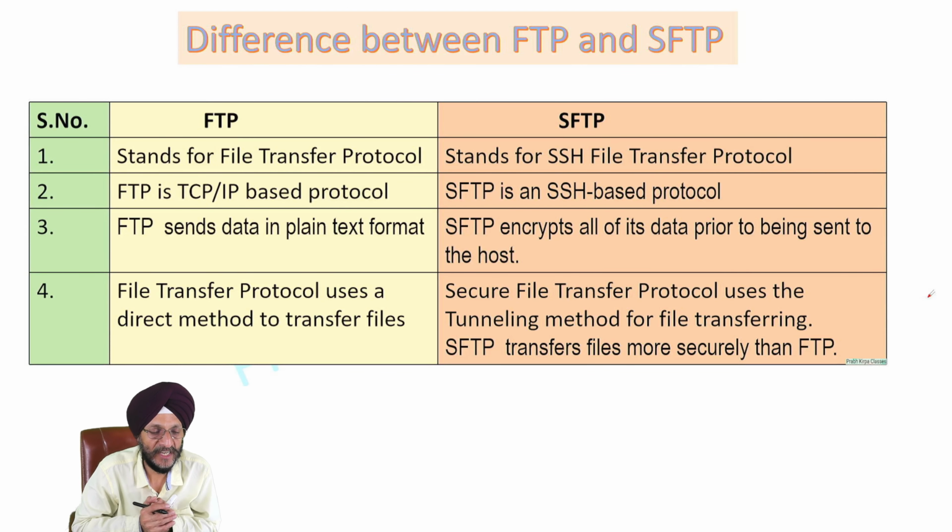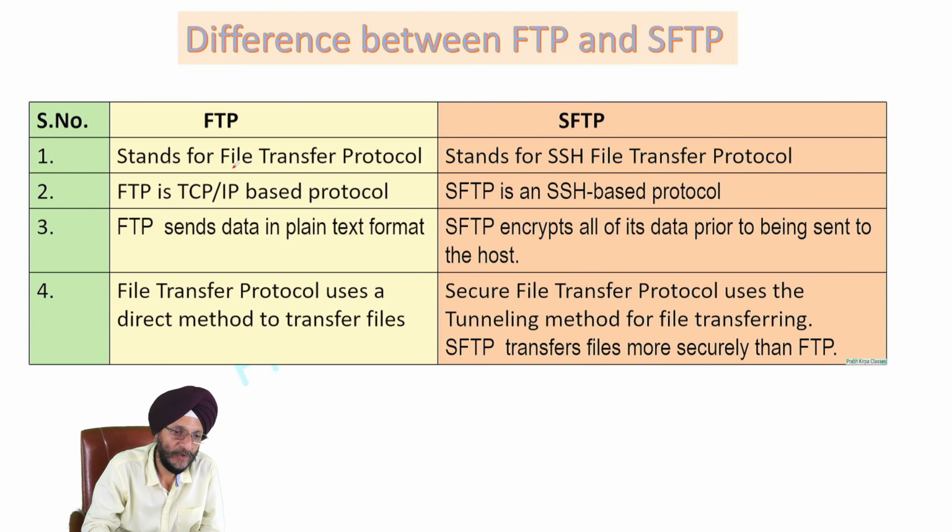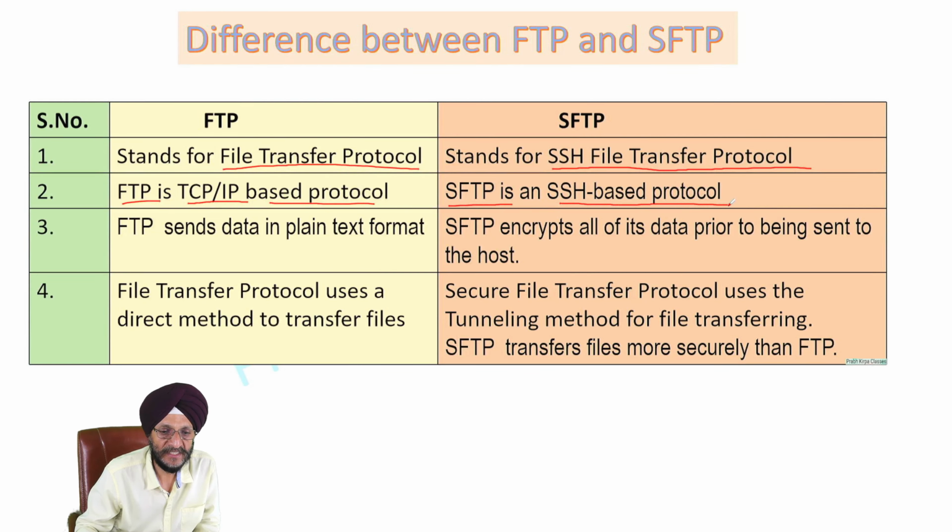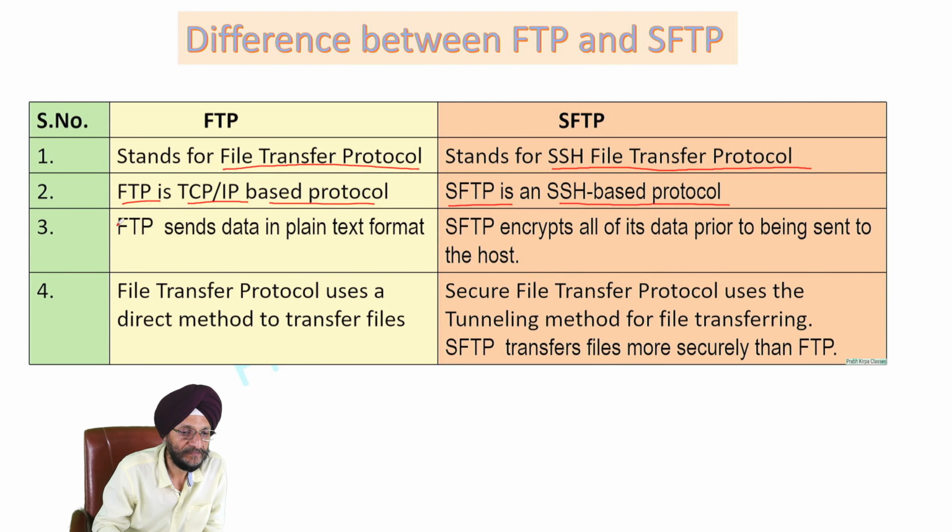Now we will understand the difference between FTP and SFTP in a tabular form. FTP stands for File Transfer Protocol. SFTP stands for SSH File Transfer Protocol. FTP is a TCP/IP based protocol. SFTP is an SSH based protocol.